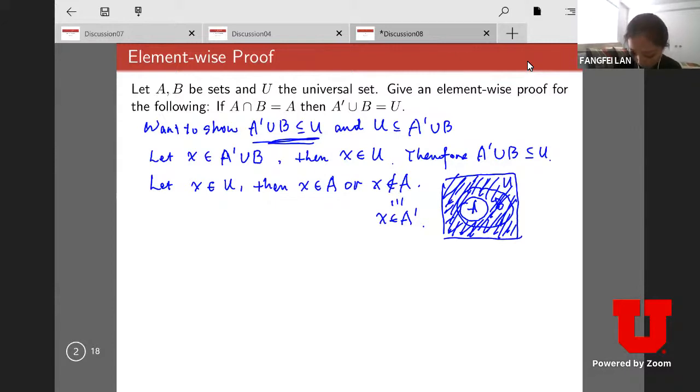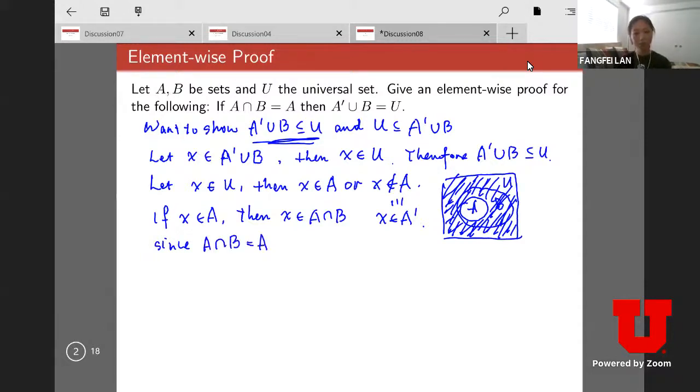So what happens when X is in A? Then we know X is in A intersect B, right? Because we have this condition that A intersect B is A. Right? Hey, there's a question in the chat.